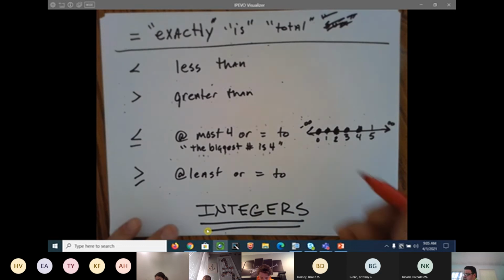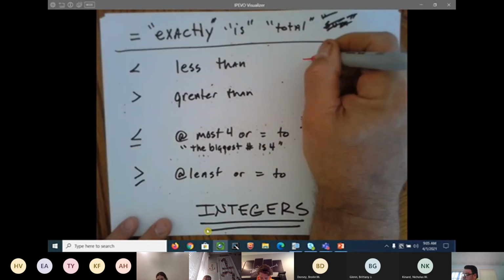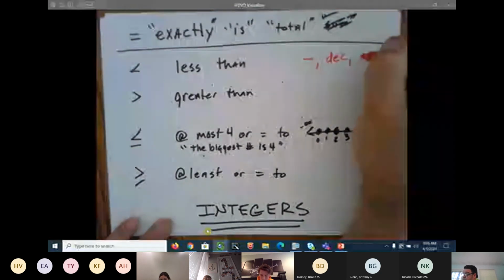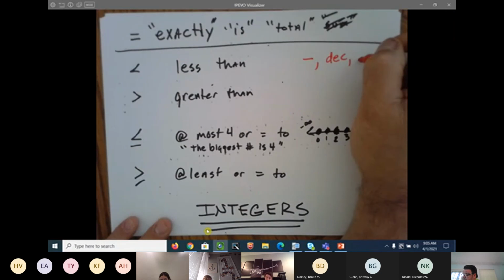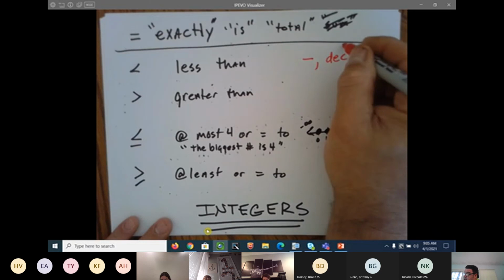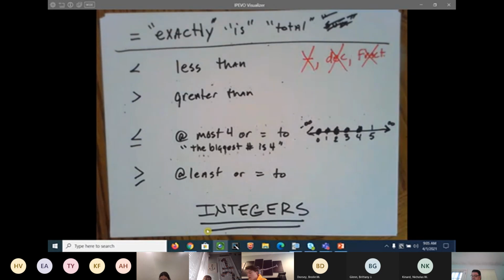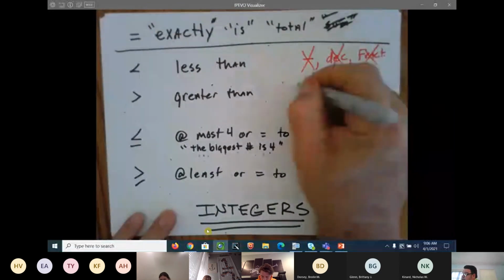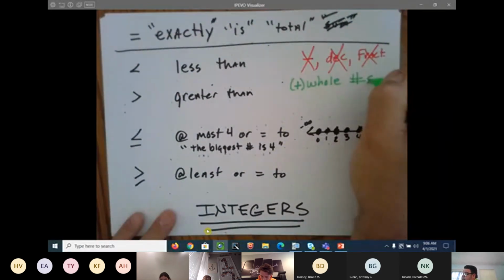When you're talking about these things, there's no negatives, there's no decimals, and there's no fractions. So there's not that, not that, and not that. So the only thing left in green is whole numbers. Positive whole numbers.